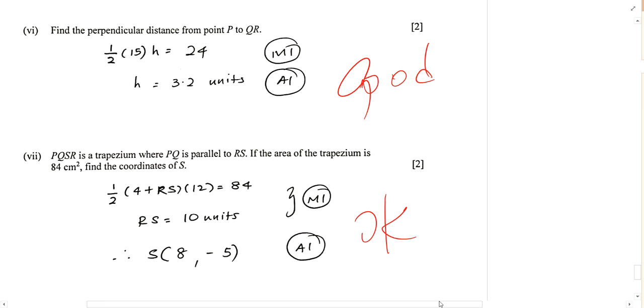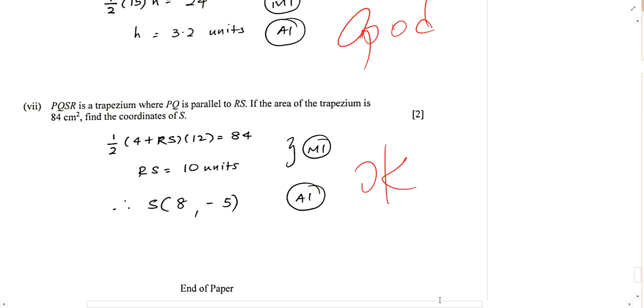And part 7. Finding the coordinates of S if PQSR is a trapezium and PQ is parallel to RS. Okay, you can copy this down. It is basically just the formula for the area of trapezium. Half times sum of parallel sides.